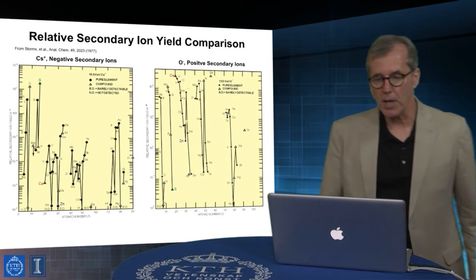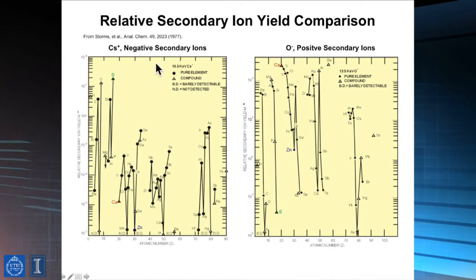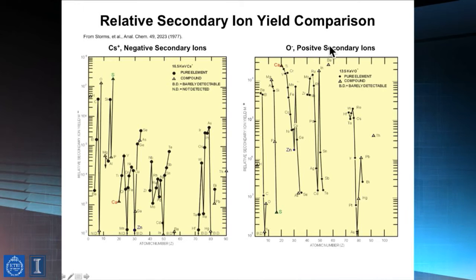Now here is a plot of relative secondary ion yields, and again here measured for two different kinds of primary ions, cesium plus and oxygen negative ion, and detecting in one case negative secondary ions, in another case positive secondary ions, and then looking at the relative elemental sensitivities.